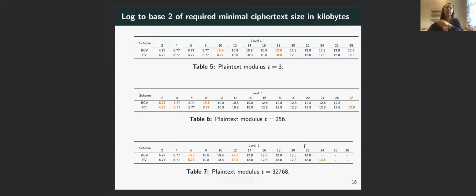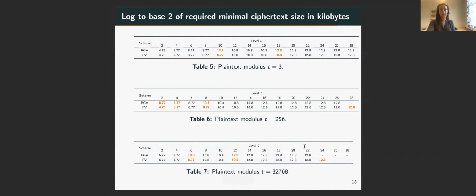And so here are the results for different plaintext moduli. You can see in orange the parameters where FV outperforms BGV. But then almost immediately after that happens, they become equal again.